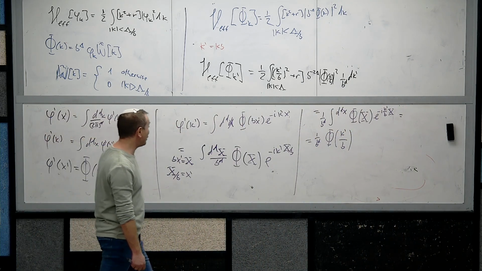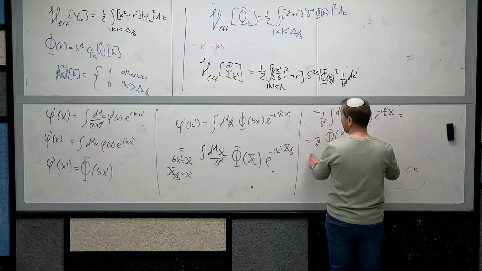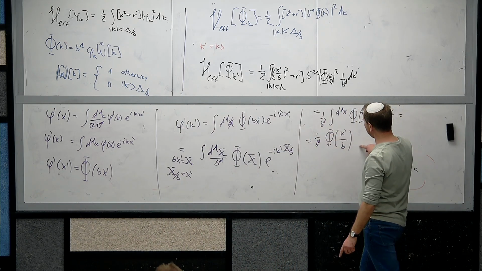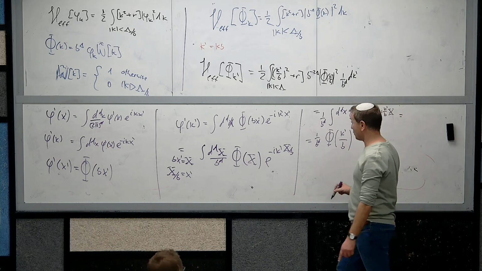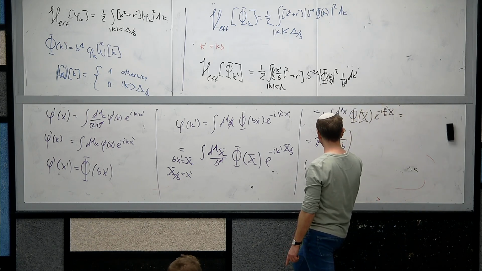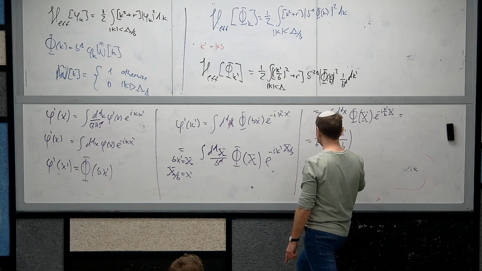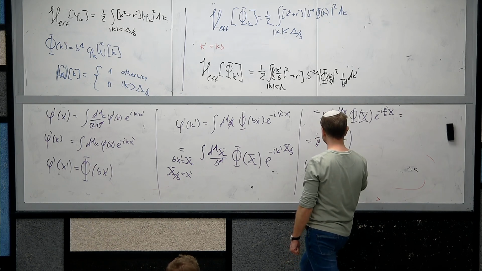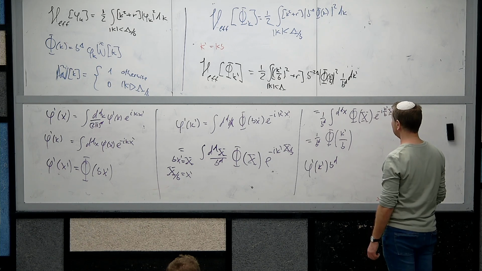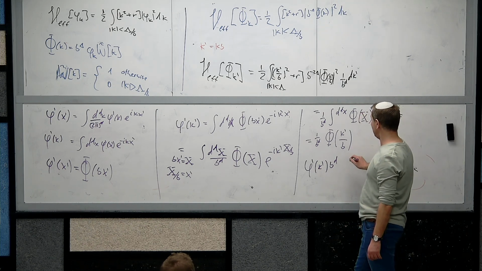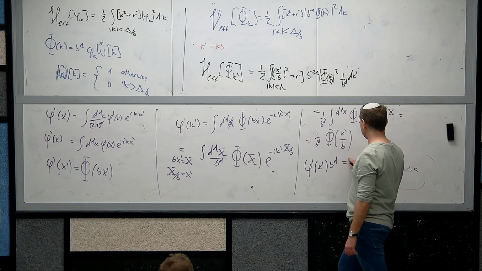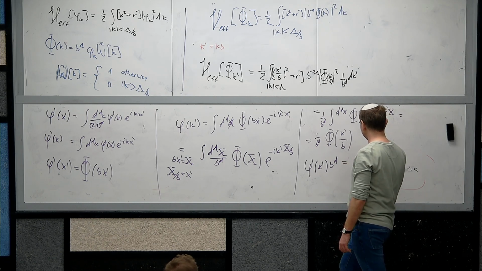Now let's see. What I obtained eventually is that this phi of k prime divided by b is phi prime of k prime multiplied by b to the power d, equals large phi of k prime divided by d.